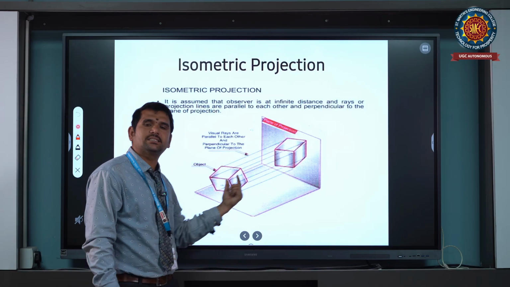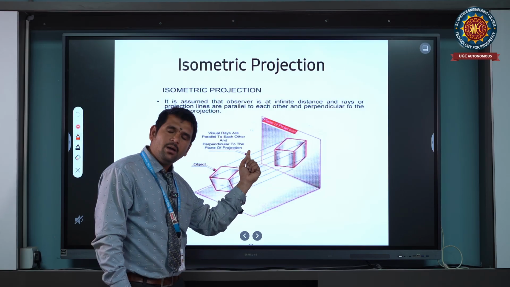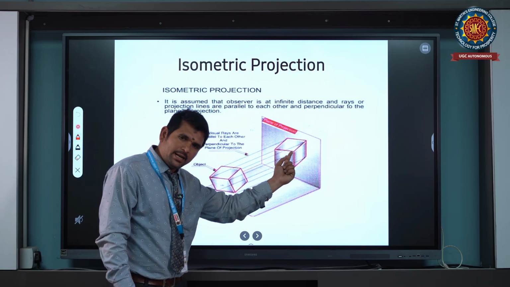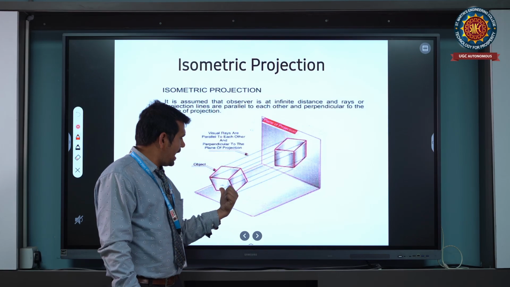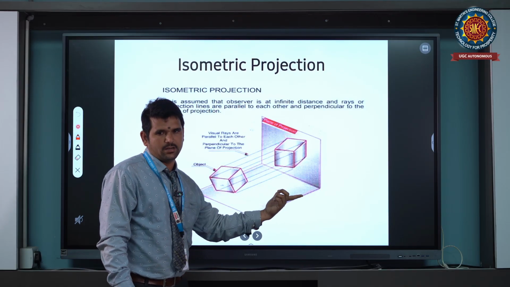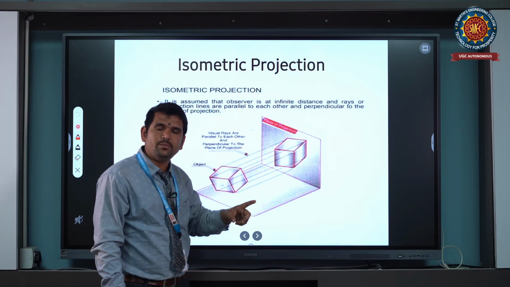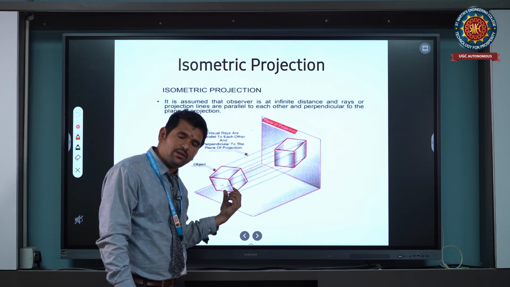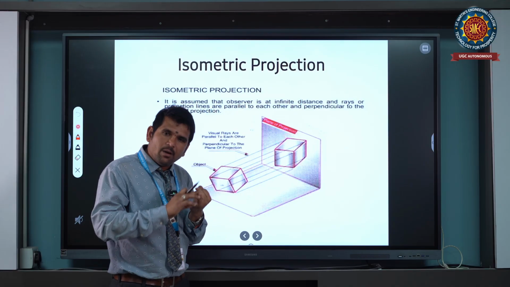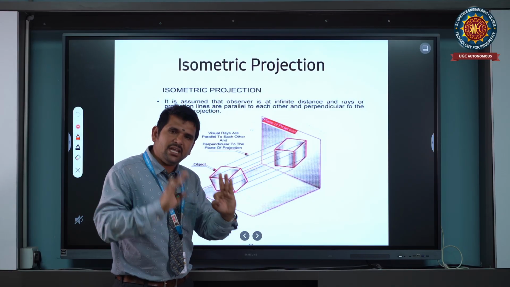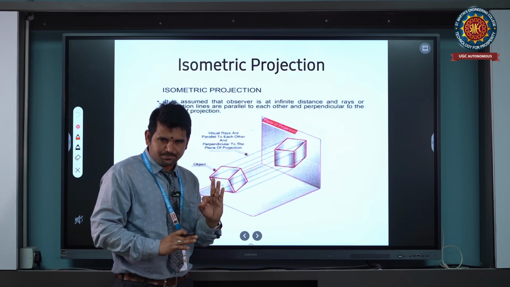So the rays are the same, the rays are parallel to each other, and the plane is always perpendicular. So this is the isometric. And the difference between orthographic and isometric: in the isometric view, the front view, top view, side view, these three views we can see at a time.